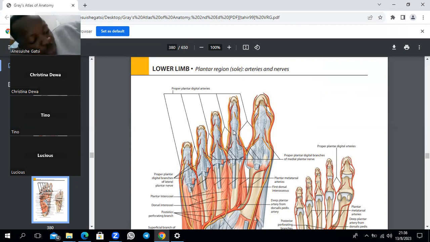Any questions on this? Of course I know there are arches in the foot. I haven't talked about them. I don't know if they're part of your syllabus, but they're more important for physio people. There is a lateral longitudinal arch, a medial longitudinal arch, and a transverse arch. These arches are made up of bones.